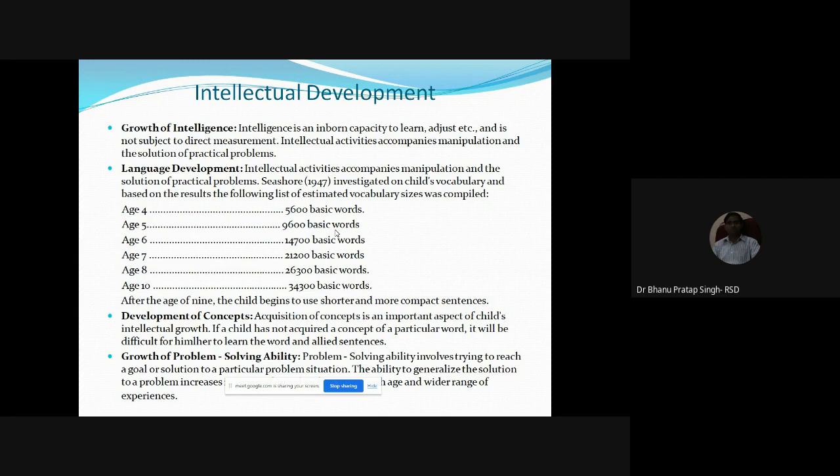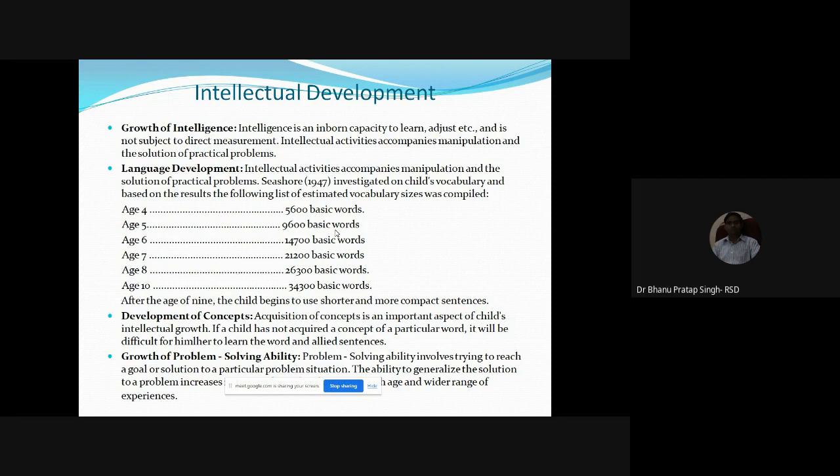So the next stage is development of concept. Acquisition of concept is an important aspect of child intellectual growth. If a child has not acquired the concept of a particular word, it will be difficult for the child to learn the word and allied words in terms of language.